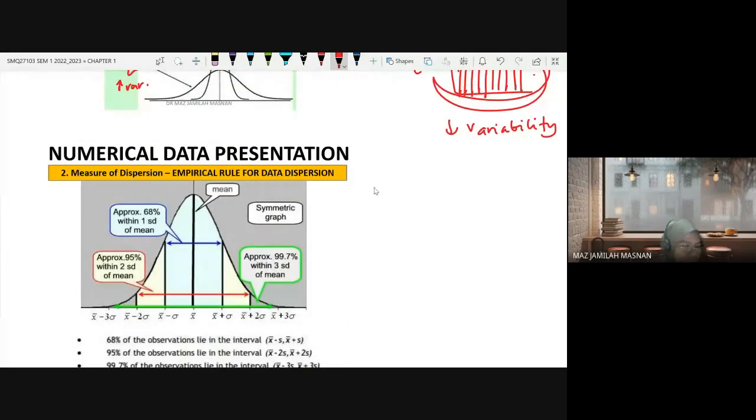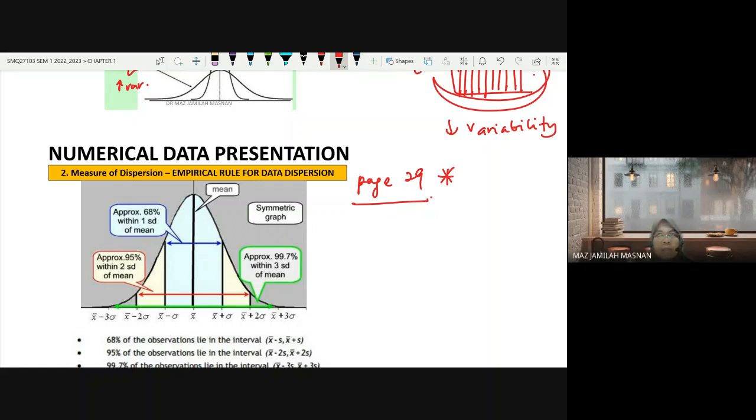You can see it on page 29. Please make sure you understand this empirical rule. The empirical rule is very important in terms of standardizing the way you describe the dispersion of your data.